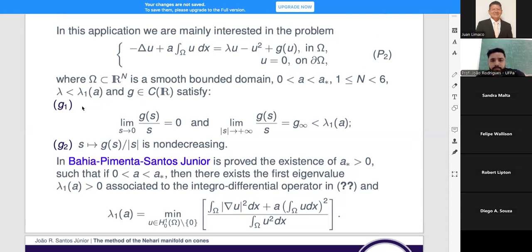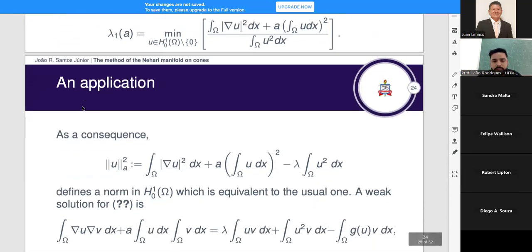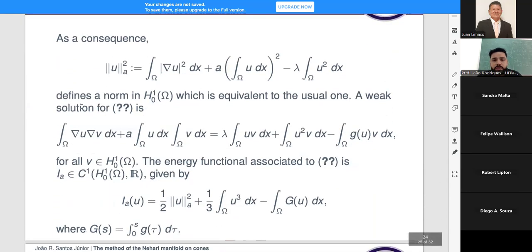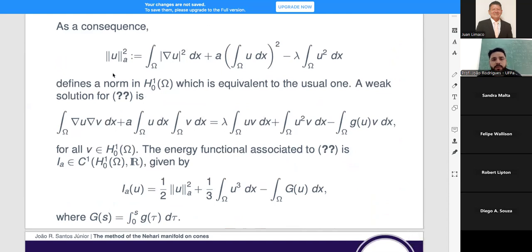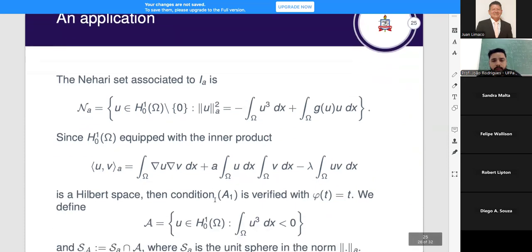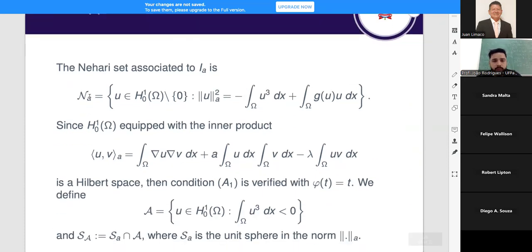If this is the case, when we look at the fiber map of the energy functional associated with this problem, we can see that we don't have a unique global maximum point for the fiber map in the Sobolev space where we are looking for weak solutions of the problem. If we consider this norm for the Sobolev space, this will be the energy functional associated with the problem, and the Nehari set is this one, NA.